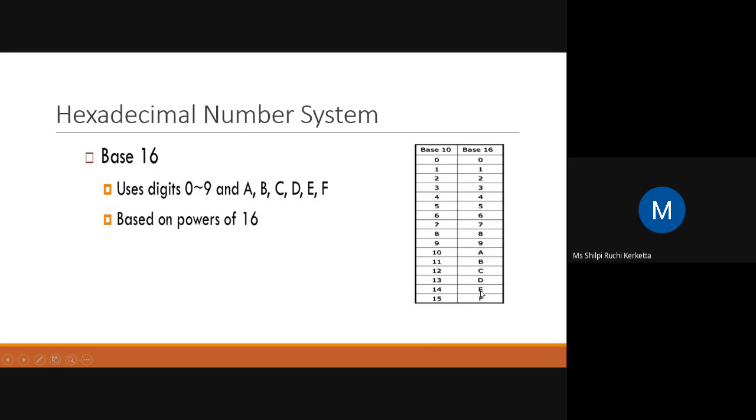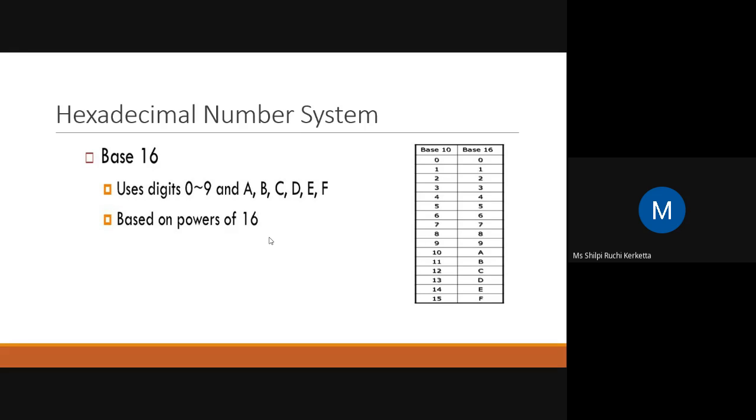So the base is 16, based on the powers of 16. This is a little bit complicated if you try to directly convert from hexadecimal to decimal. So there are some steps we can follow to avoid these problems.